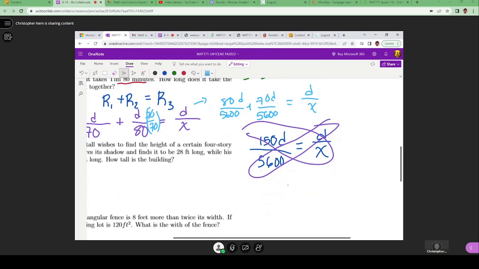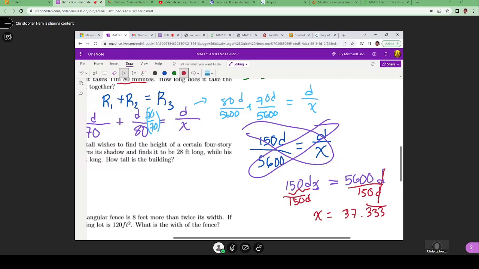If you cross multiply, you should get 150dx equals 5,600d. To solve for x, there's only a single term, so you have to divide by 150d. If you divide both sides by 150d, the d's cancel out and you have x is equal to 37.333 with the bar over it.